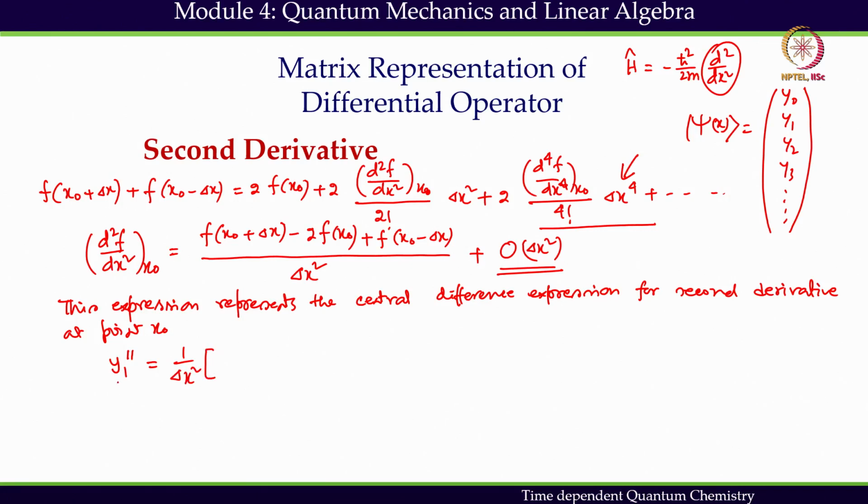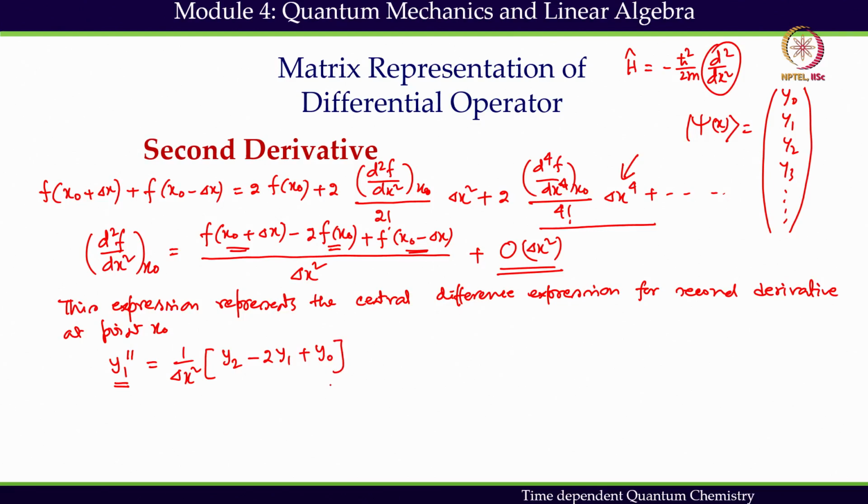Then in order to find out the derivative at the y1 point, I need to know the function value one step forward, that is y2, then the function value at that point, 2 multiplied by y1, plus the function value one step backward, which is going to be y naught.